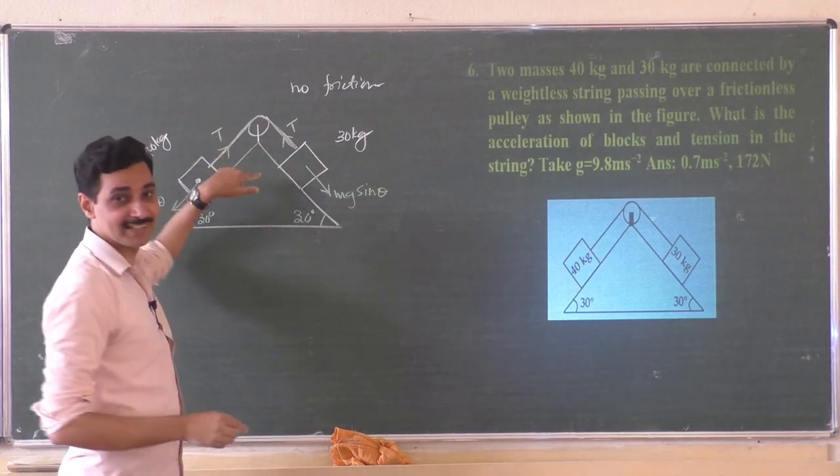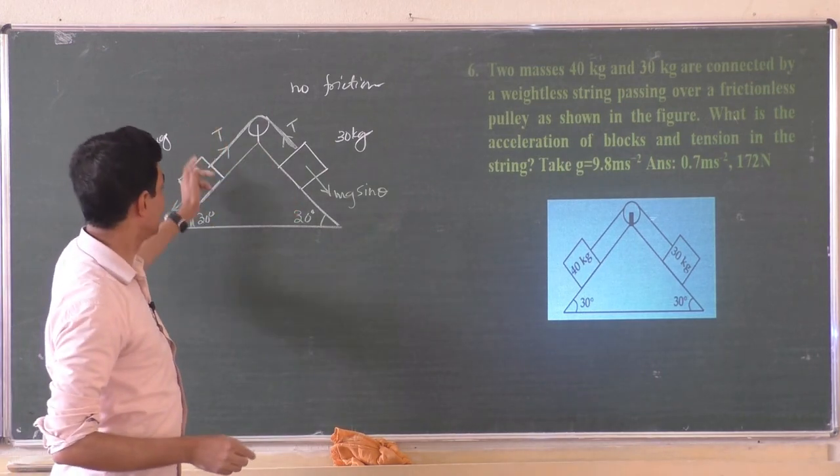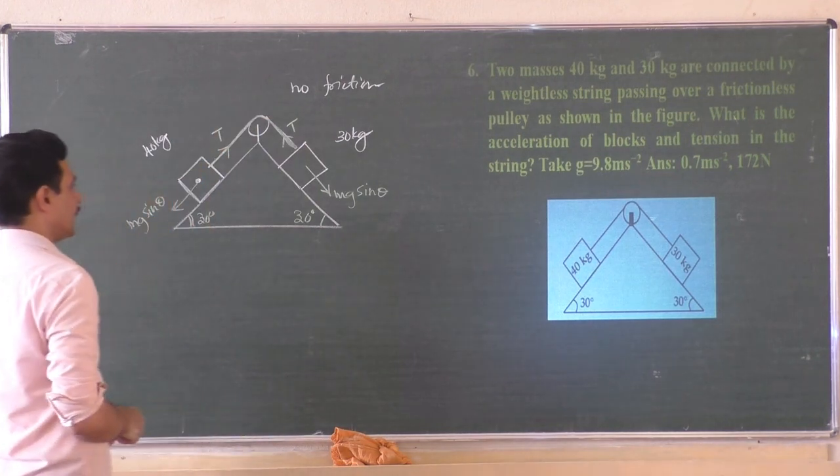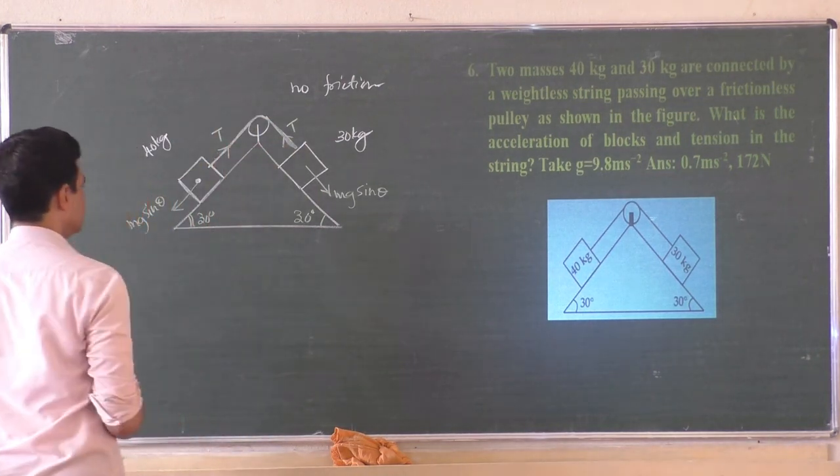Since there is a single thread, the tension in the thread must be the same throughout. You can't have different tension here and here, right?